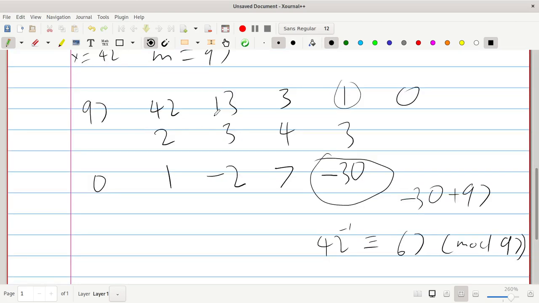You just do the extended Euclidean algorithm here, keep track of the quotients, and then on the bottom here, you take the number before, subtracted by the number after it multiplied by the quotient. So 0 minus 1 times 2, 1 minus negative 2 times 3, negative 2 minus 7 times 4, and so on. There you go.